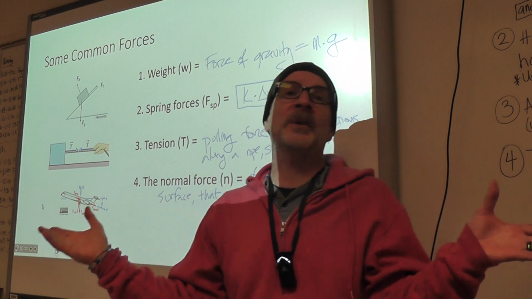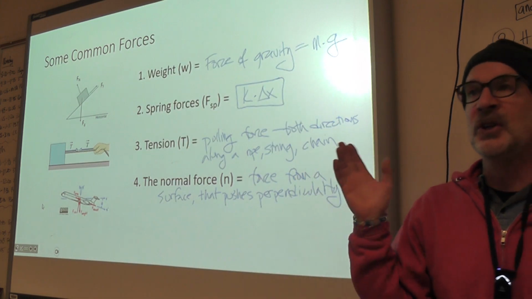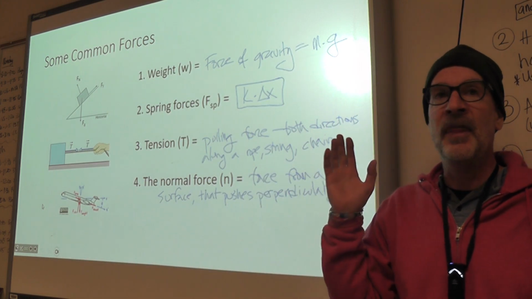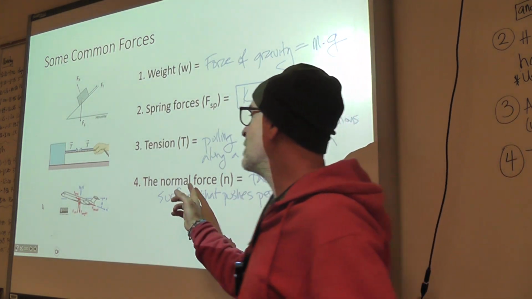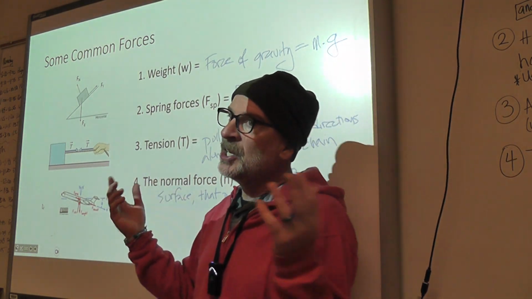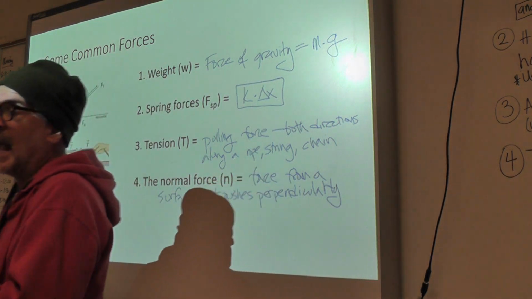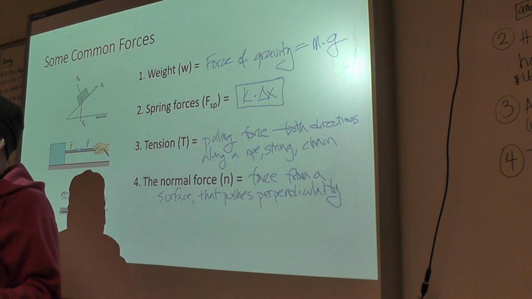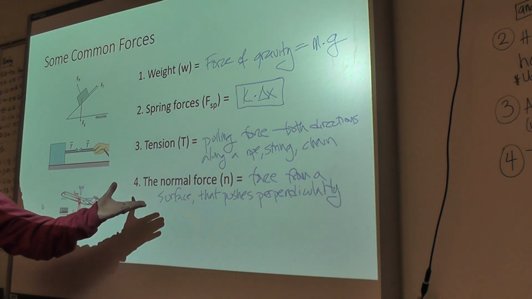Because it happens every single year. Somebody calls it the natural force. Because this word normal means like usual or typical or natural. And that makes perfect sense, except that's not what this word means at all.